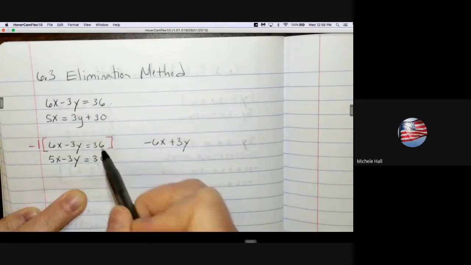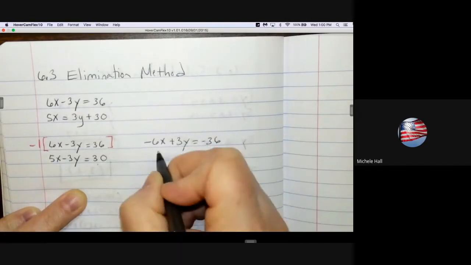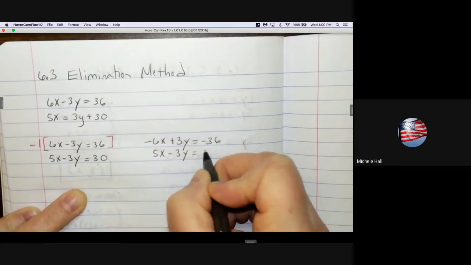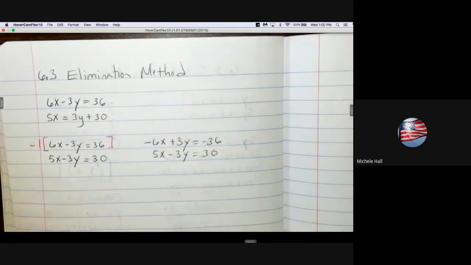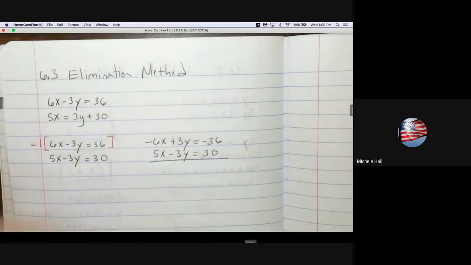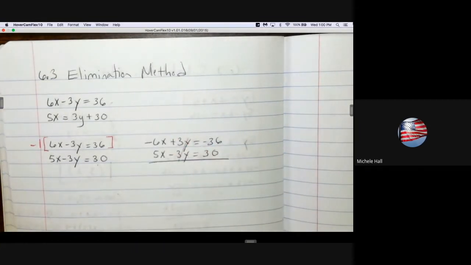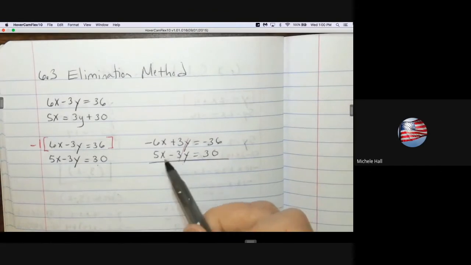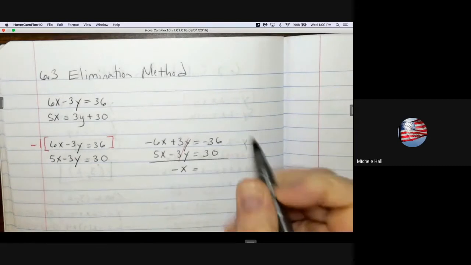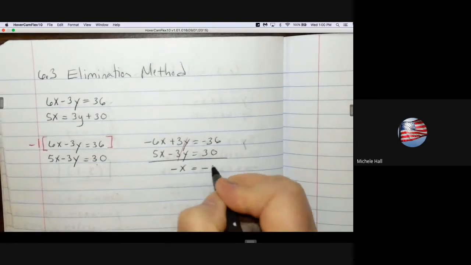And negative 1 times 36 is negative 36. And then we still have 5x minus 3y equals 30. Now my y terms are going to cancel. Positive 3y and a negative 3y equals 0. Negative 6x and a positive 5x is negative x equals negative 36 plus 30 is negative 6.